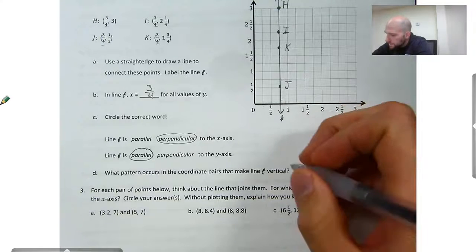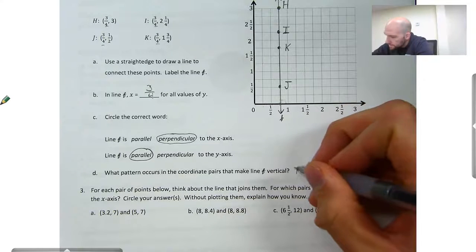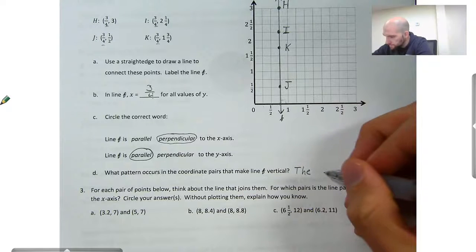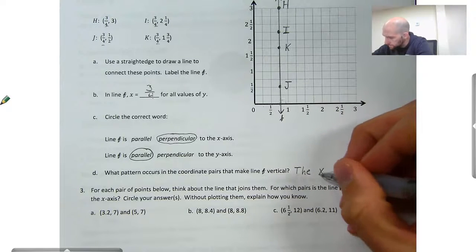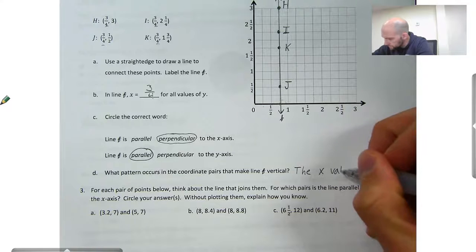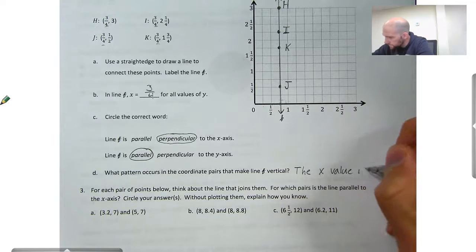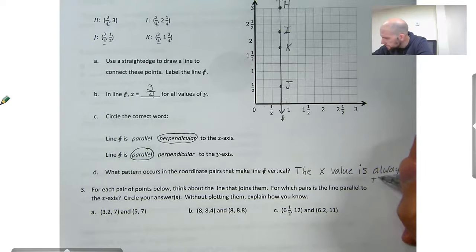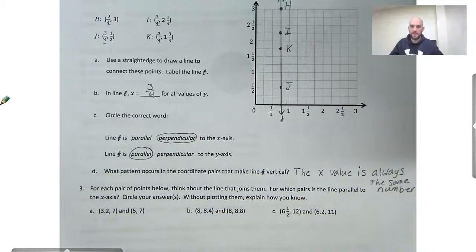We are going to see that the x value is always the same number. I don't think there's a whole lot of room to write that there, but I'll fit it right there.